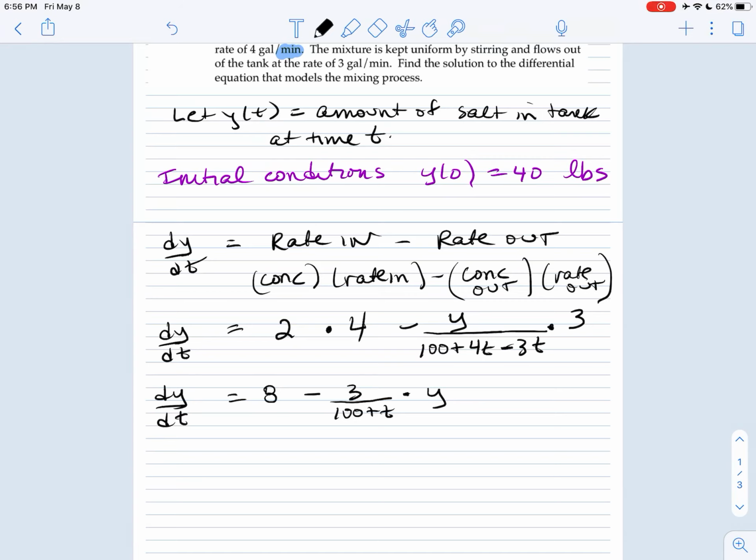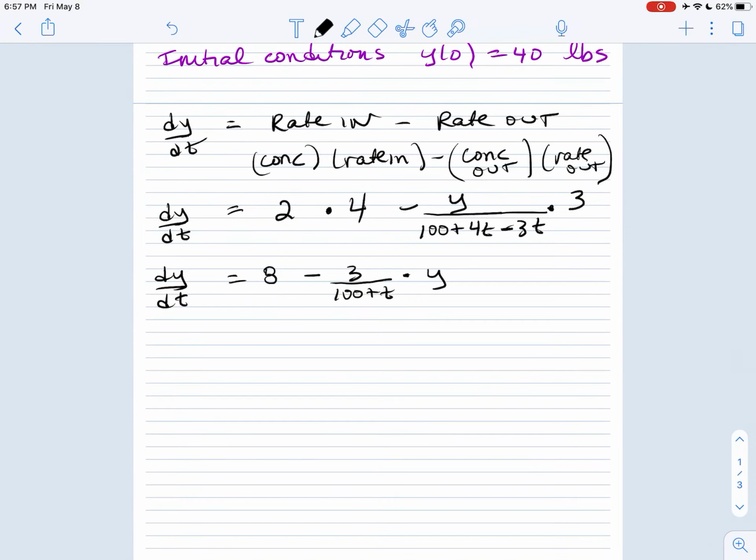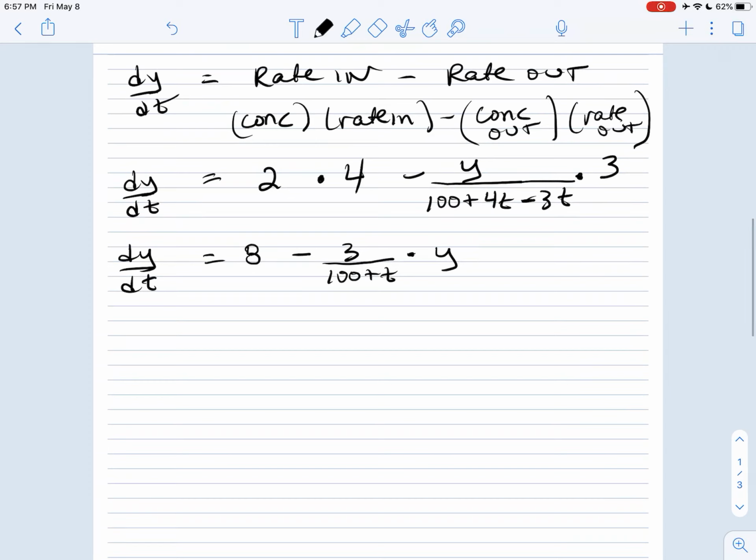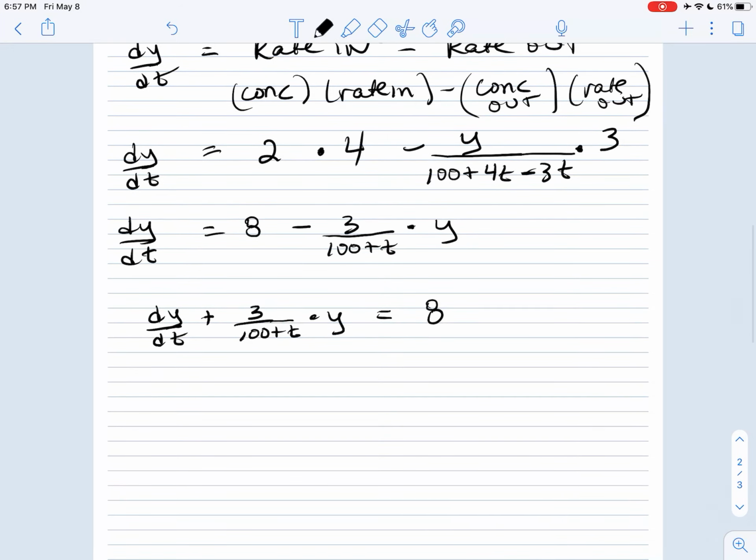And now I have a first order differential equation. We're going to go forth and use the linear differential equation process to solve. So first part of that is to put our equation in standard form. And putting that in standard form, I have dy/dt plus 3 over 100 plus t times y equal to 8.